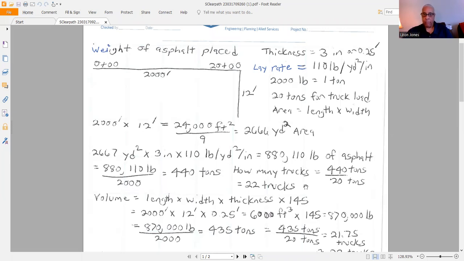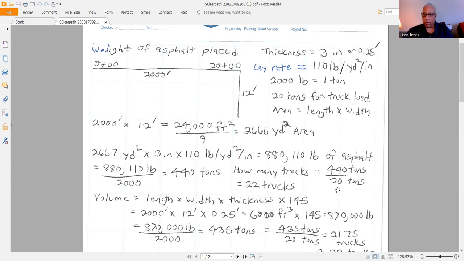Well, I simply take the tons per area that I got from dividing 880,110 pounds by 2,000, which I came up with 440 tons. And I'm going to divide 440 tons by, and I just told you right up here, 20 tons per truckload.